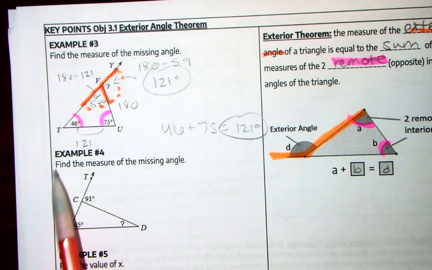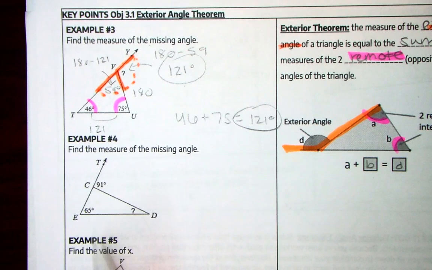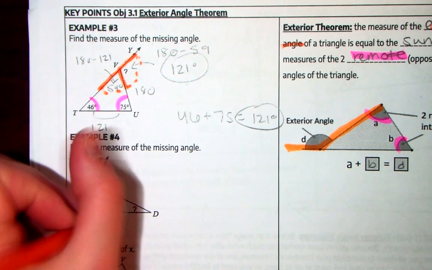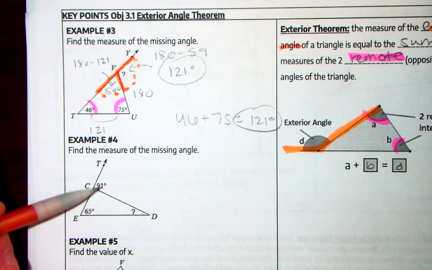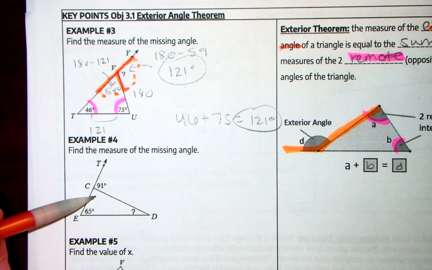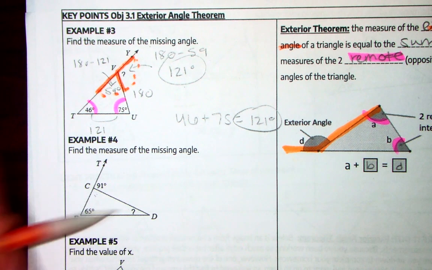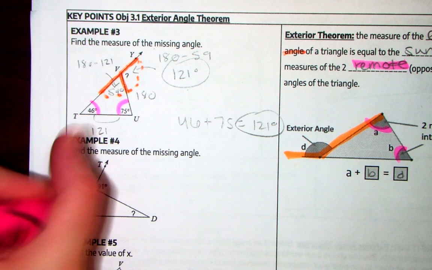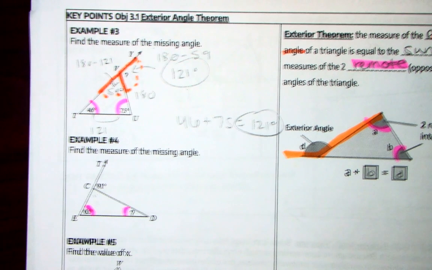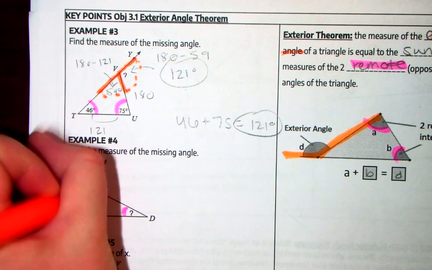Okay, so if I'm looking at example 4, and we're finding the measure of the missing angle. And again, I could go the long way. I could use this 91, there's a linear pair again here, I could fill this in, and then do triangle sum theorem. Or I could remember that these are my 2 remote interior angles, those 2 angles inside. This is my exterior angle.